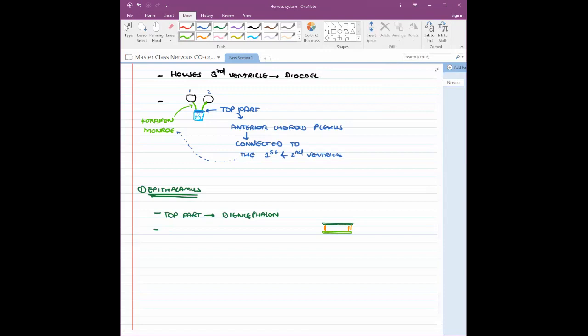From the epithalamus on the upward side, you're going to see a small projection over here, like this. What is this, guys? This is nothing but your pineal gland. This is our pineal gland. Here we need to know that this shows an upward projection.